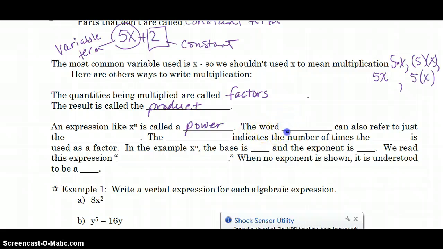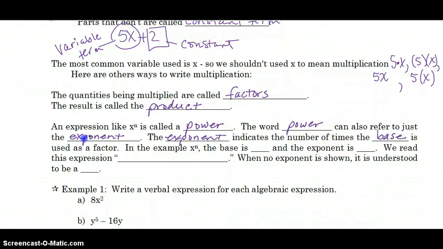So the word power can also refer to just the exponent, which is what we usually think of. The exponent indicates the number of times the base is used as a factor. In the example xⁿ, the base is x and the exponent is n.